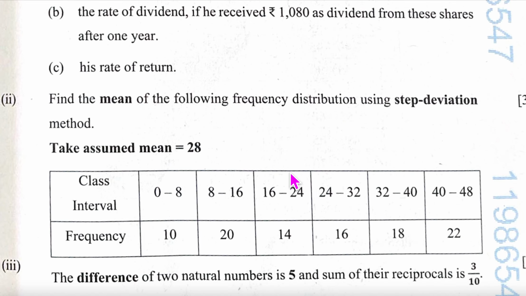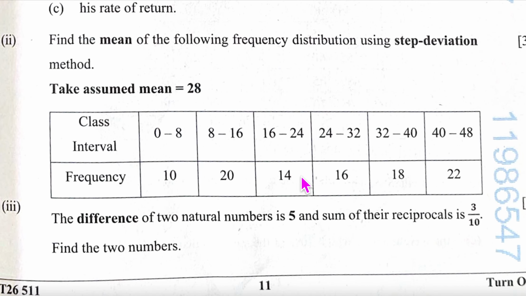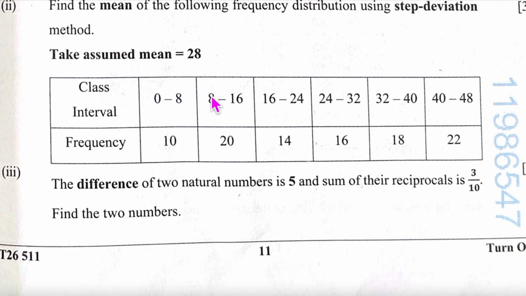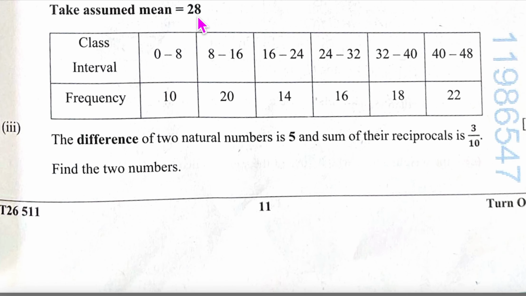We are coming to the next one, which is the mean of the following frequency distribution using step deviation method. Assume mean as 28. Now here you will have to make the columns. Hopefully I should be able to fit in the class intervals.